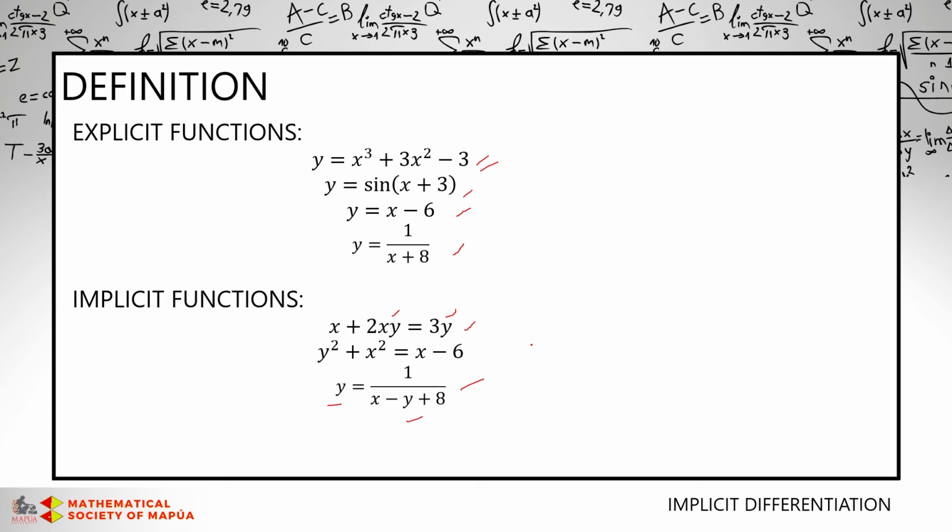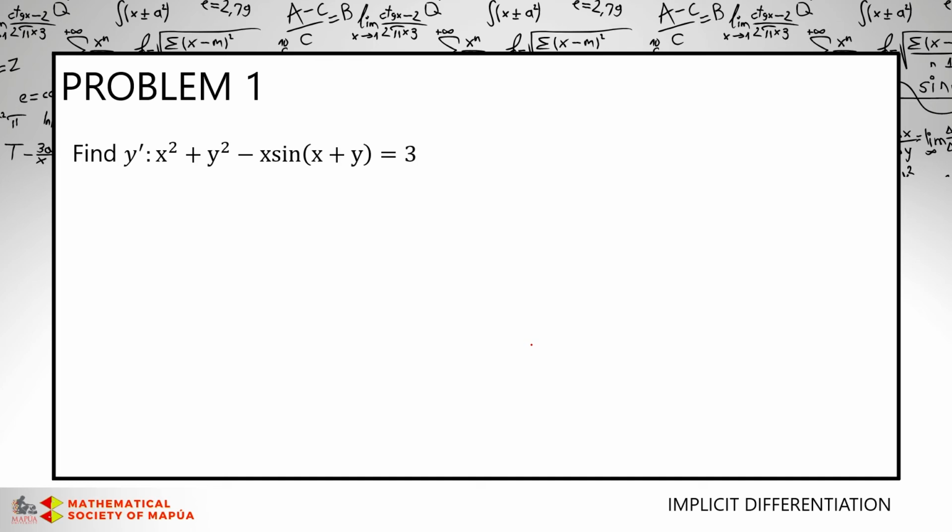Sa implicit differentiation. So, for our first problem, we have x squared plus y squared minus x sine of (x plus y) equals 3. So, kung makikita nyo, halo siya, yung x and y, diba, sa isang side. So, implicit siya.